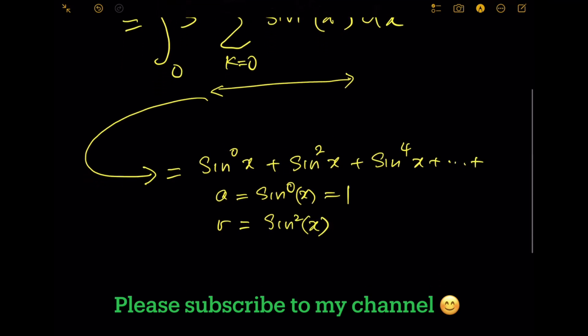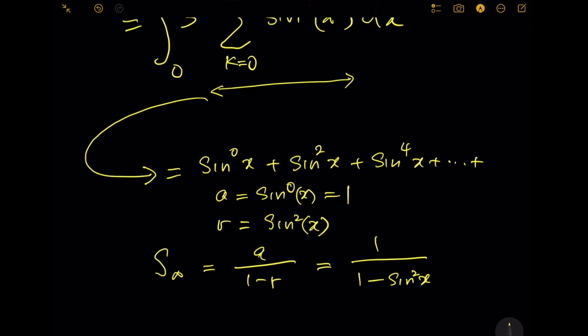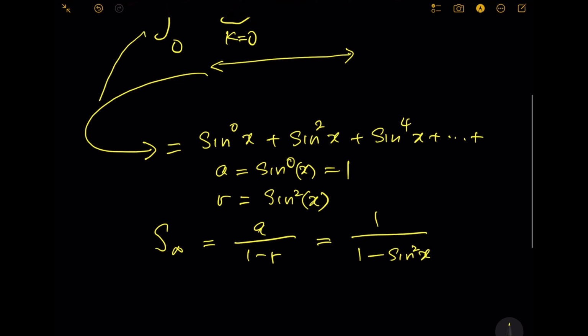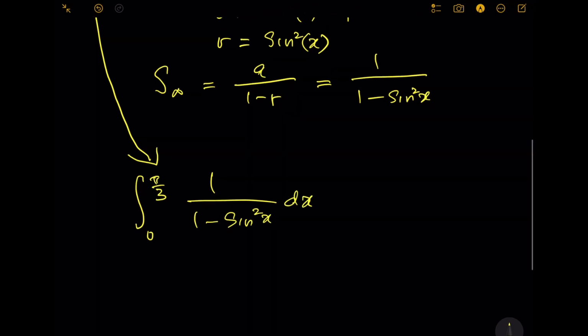Therefore the sum to infinity of this is 1 over 1 minus r, which is 1 over 1 minus sine power 2x. So replace this into the sum here. The question is transformed to integrate from 0 to pi over 3 of 1 over 1 minus sine power 2x dx.